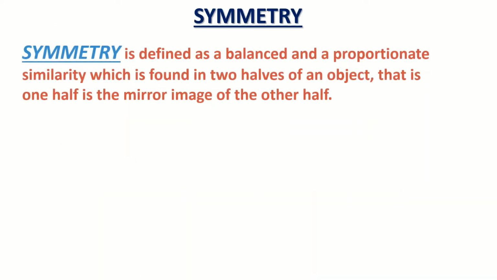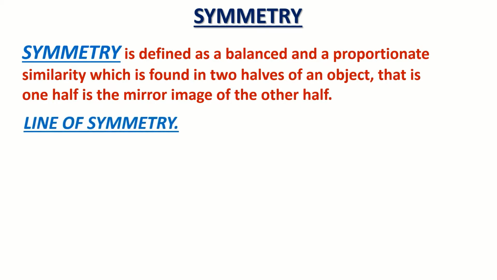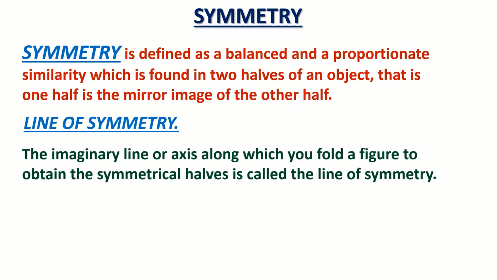So symmetry is defined as a balanced and proportionate similarity which is found in two halves of an object. That is, one half is the mirror image of the other half. Line of symmetry: the imaginary line or axis along which you fold a figure to obtain the symmetrical halves is called the line of symmetry.